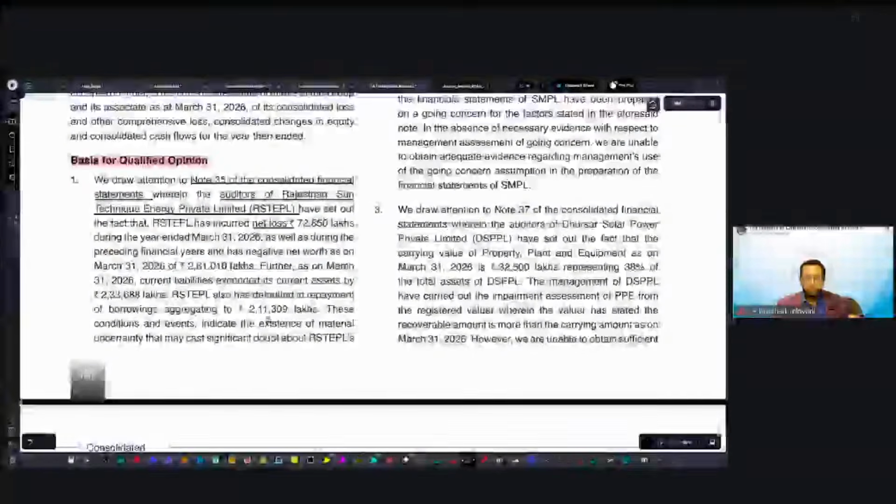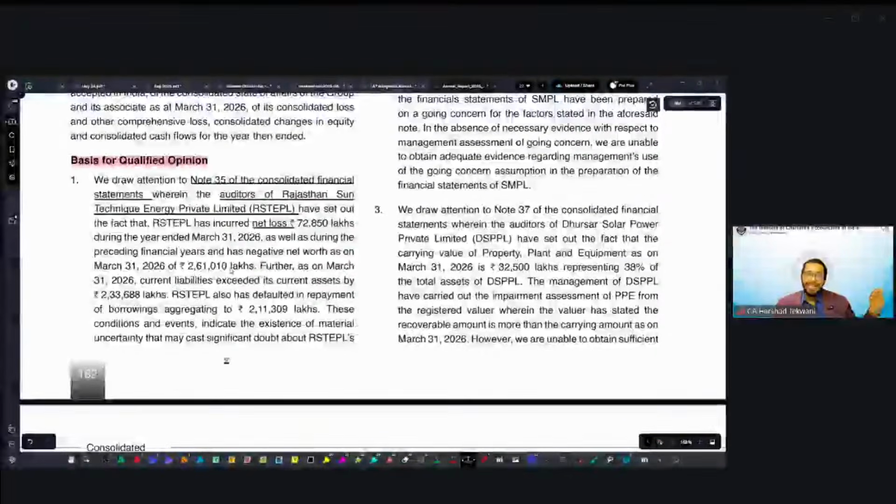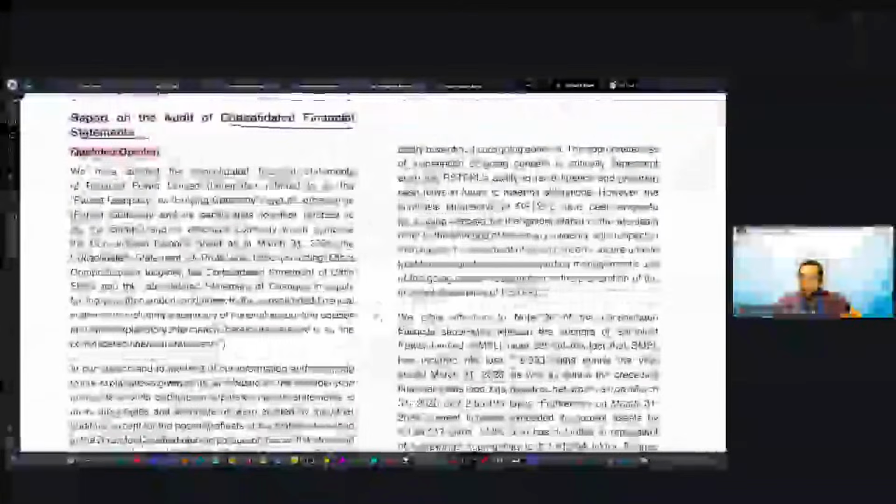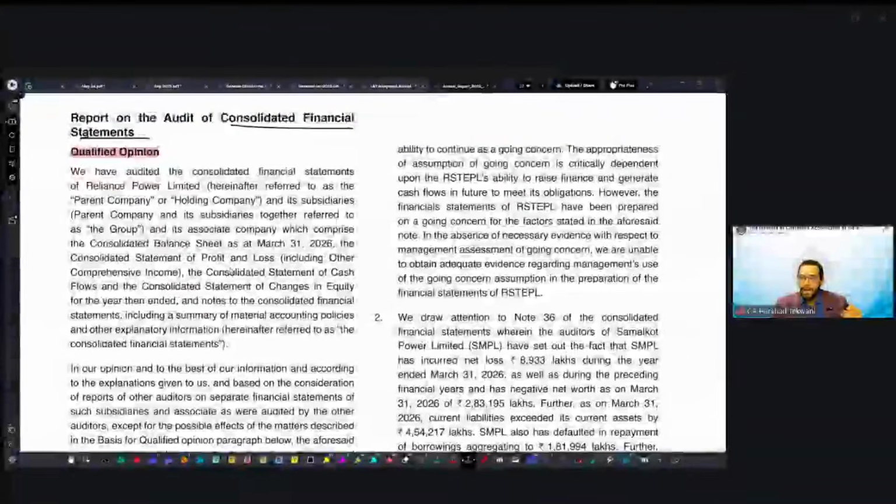So there is something which is pointed out by the subsidiary's auditor, and because of that, the principal auditor says that because of this, I feel there should be a qualified opinion on the CFS.